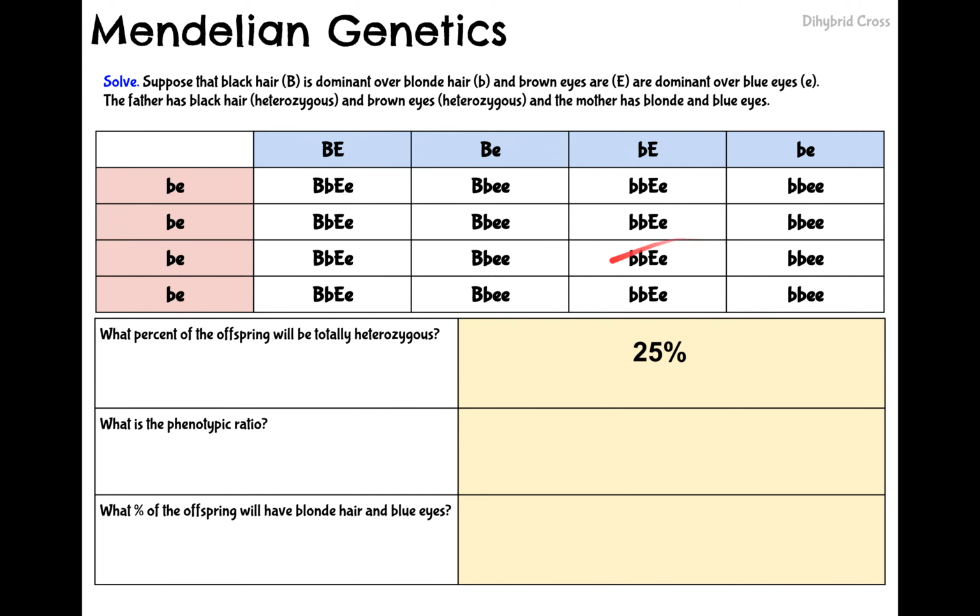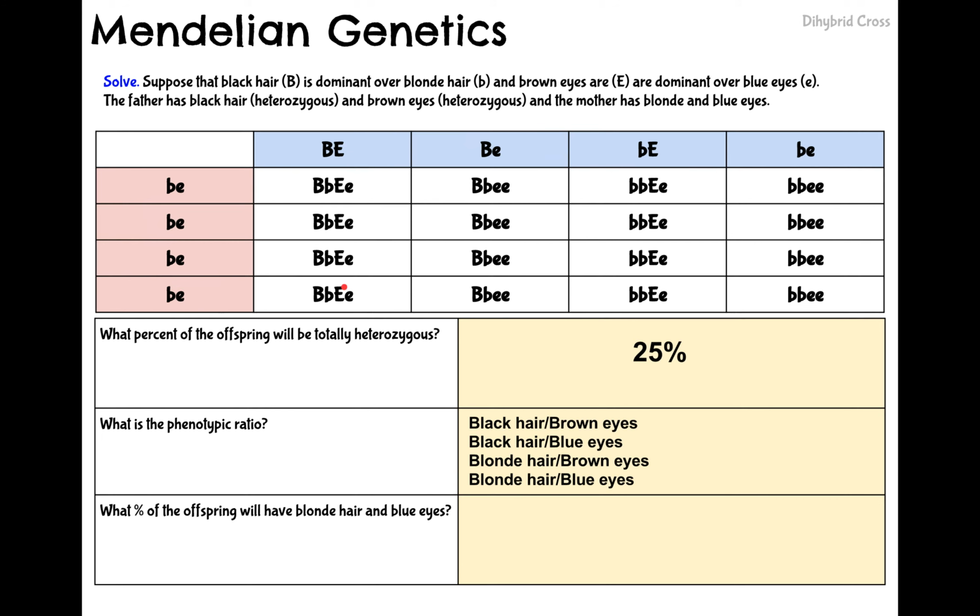25%. Now it's asking for the phenotypic ratio. Phenotype, remember, is what we see outwardly. So what are the possible combinations that we can have? We could have black hair, brown eyes; black hair, blue eyes; blonde hair, brown eyes; or blonde hair, blue eyes. Looking at this first column here, this would be black hair, brown eyes, right?